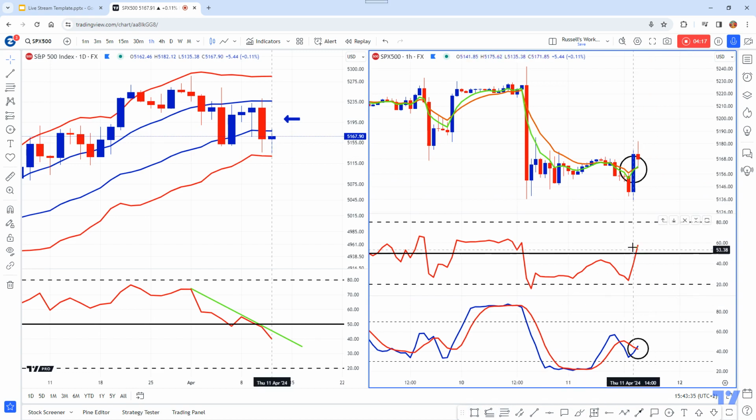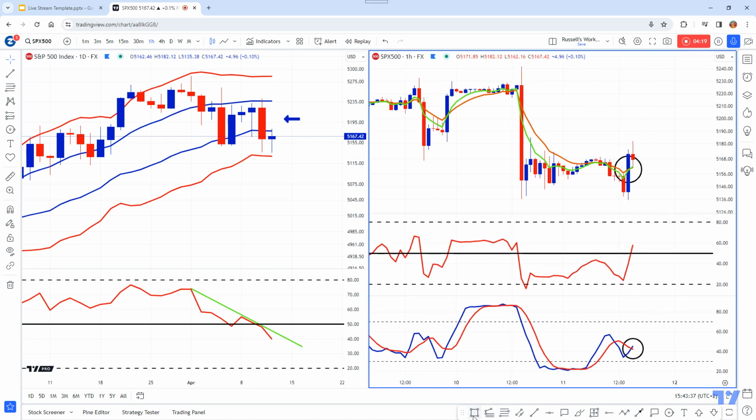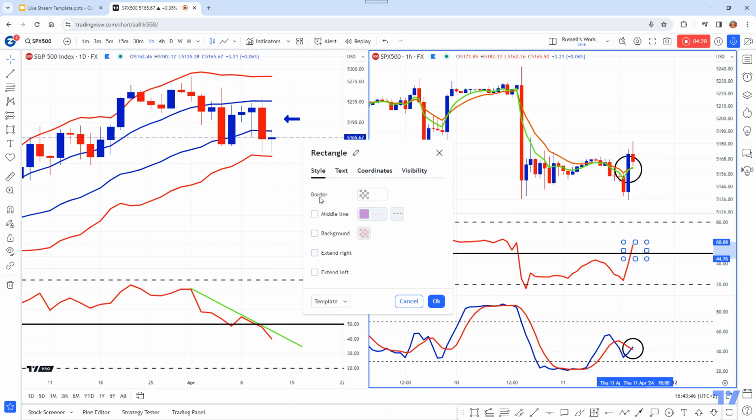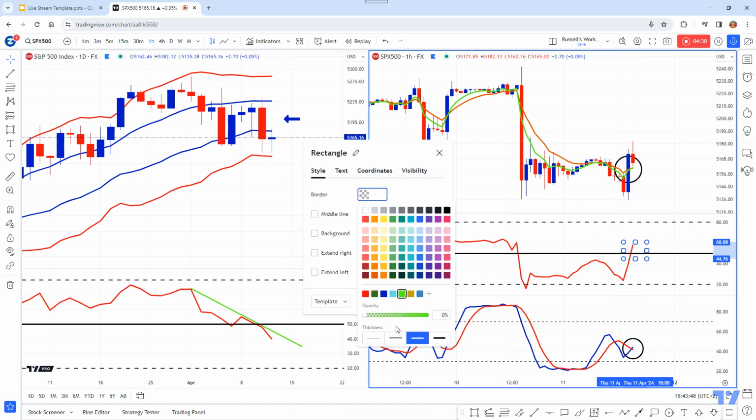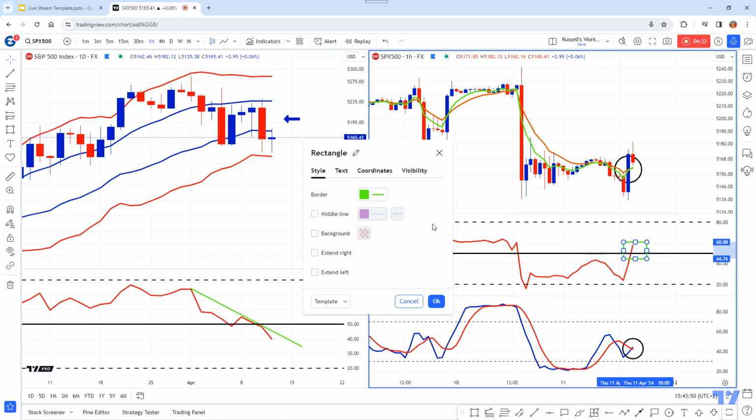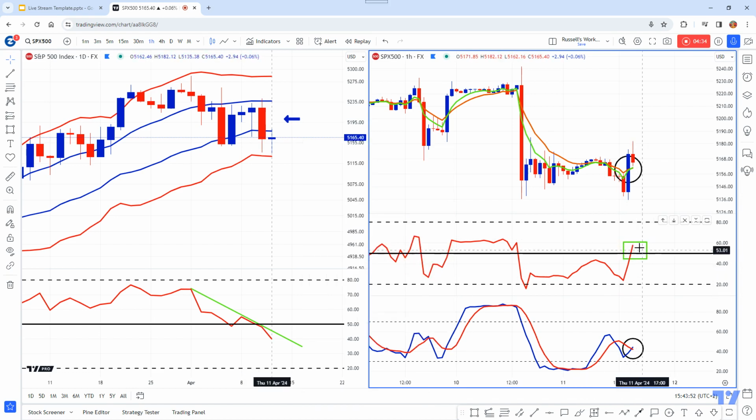We can already see that the RSI has popped 50, so it has moved to the bullish side of the indicator. Let's just make this green. Okay, so just take a look at this green rectangle. The RSI is on top of 50.